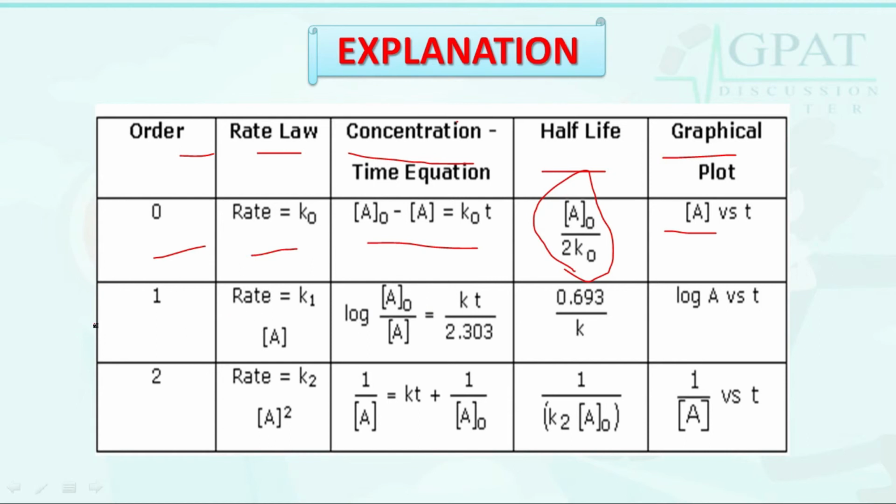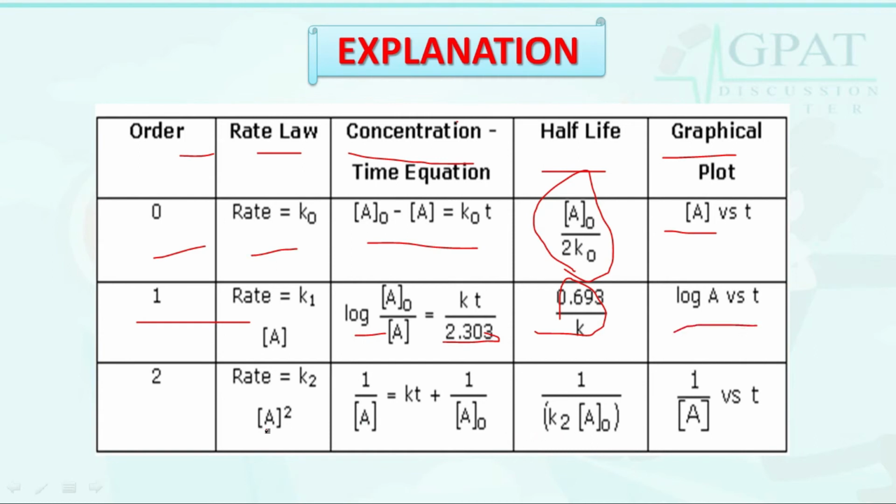In comparison to zero order, the first order has rate law: rate is equal to k1 into a, and the equation is log a naught upon a is equal to kt upon 2.303, and the half-life for first order is 0.693 by k, and the graphical plot is between log a versus t.